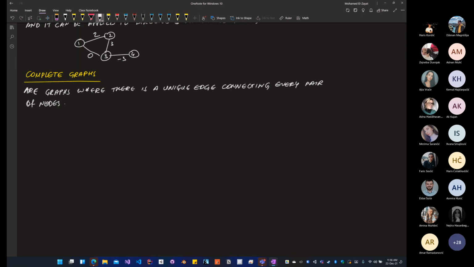So we can call this a complete graph with n vertices.